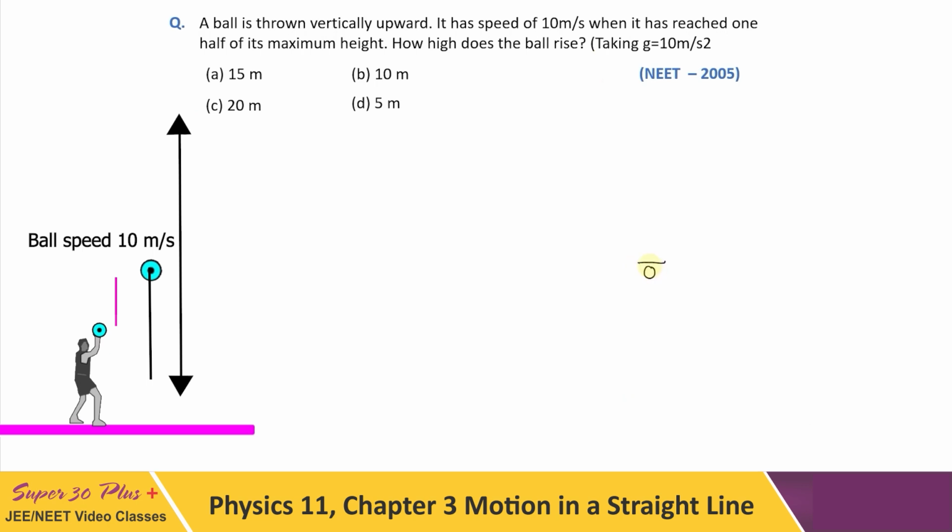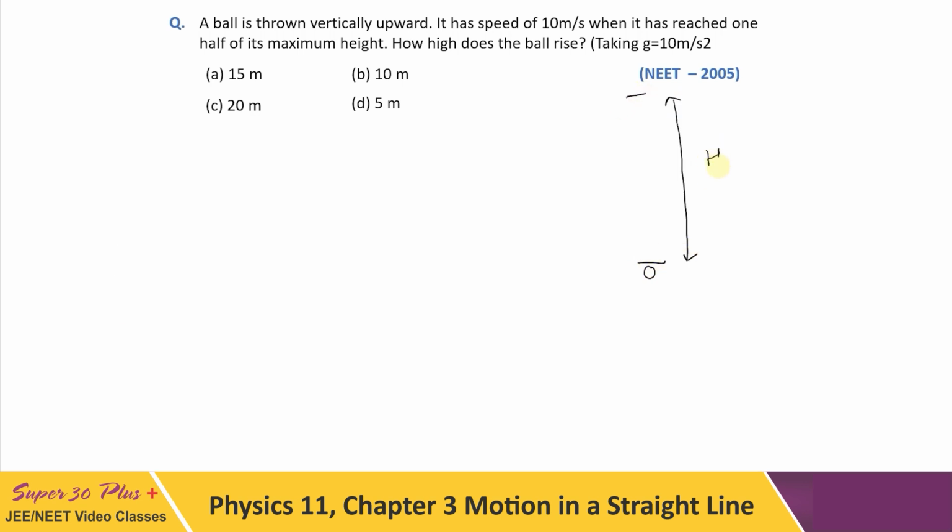It has started from 0, and let this go to the maximum height, which I am considering as h, and it is given that at half of this height, h by 2, velocity is 10 meter per second. Now let us use the equation v square is equal to u square minus 2gh. Here this is small h, so it can have any value. It is not the maximum height reached.